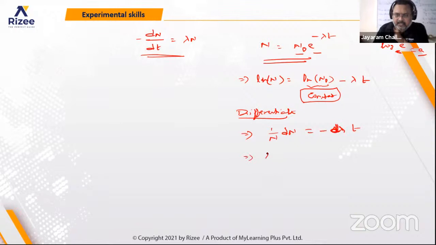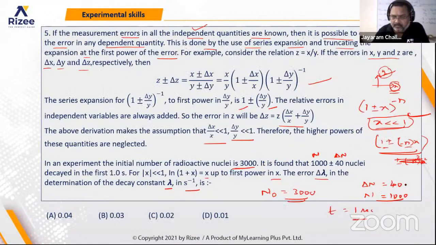Now rearranging this for infinitesimally small elements, you express it as dn. For considerable changes, you can write delta n by n is equal to minus delta lambda into t. Now substitute all the values: delta n, how much value he has given? 40. We have written this, time is 1 second.